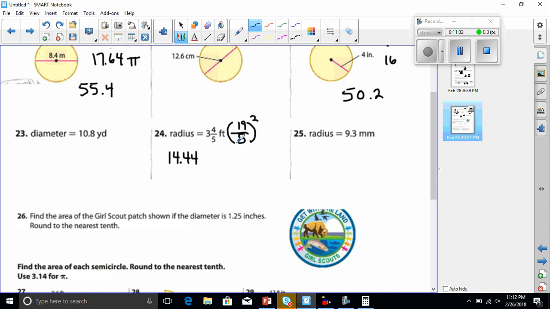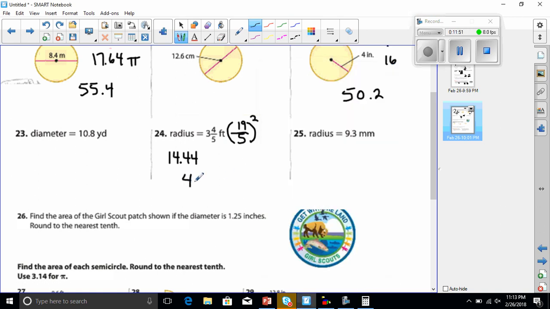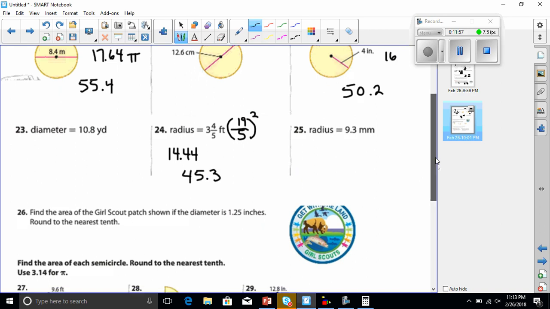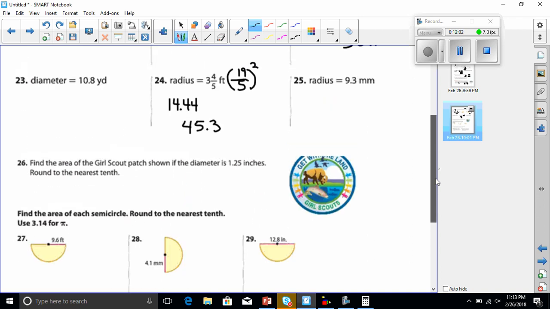Now we have to multiply that by 3.14. And that equals 45.3. See, if we round up, we're still not going to get bigger than 5, so 45.3. And that is our circumference, or excuse me, our area of our circle. Okay, let's go to number 26 now.